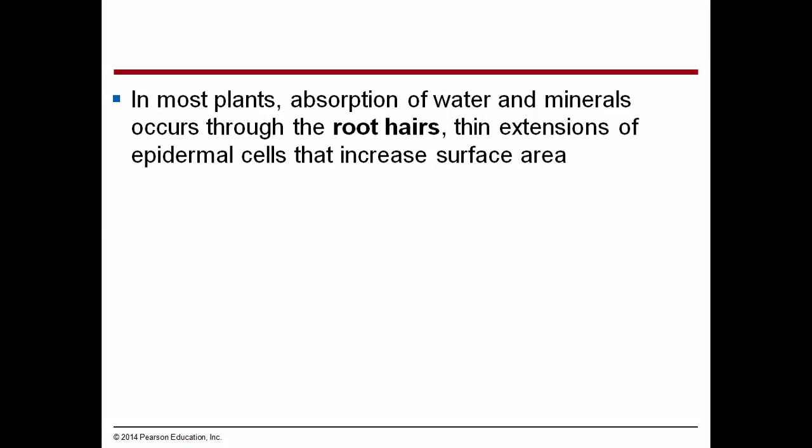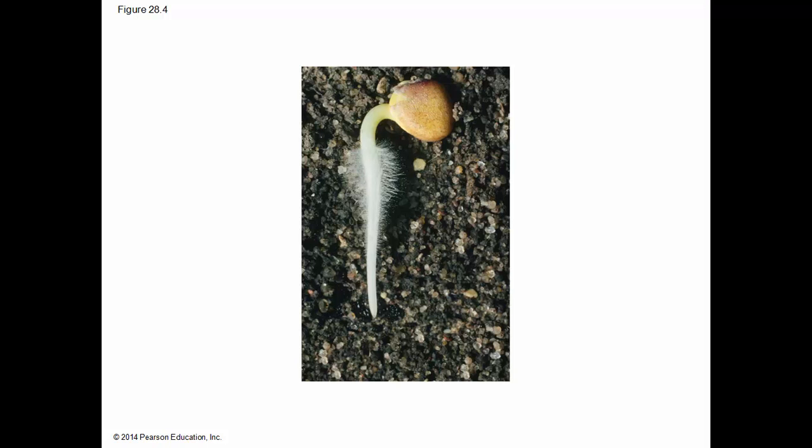In most plants, absorption of water and minerals occurs through the root hairs, thin extensions of epidermal cells that increase the surface area of the root. Okay, these are the root hairs of, it looks like maybe a monocot or corn. Looks like a corn kernel to me. Could be a bean. It could be a eudicot.